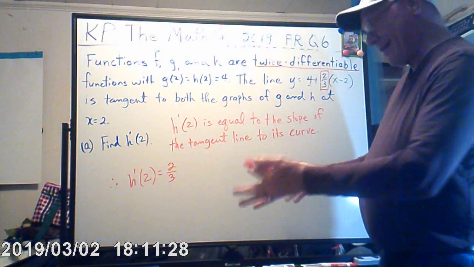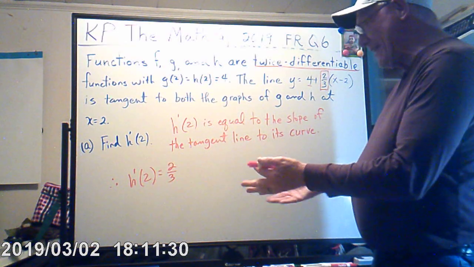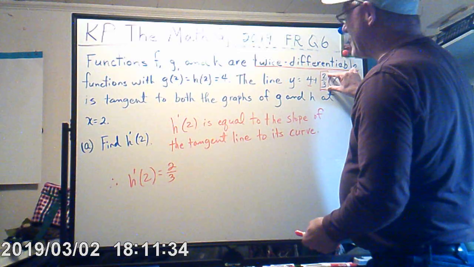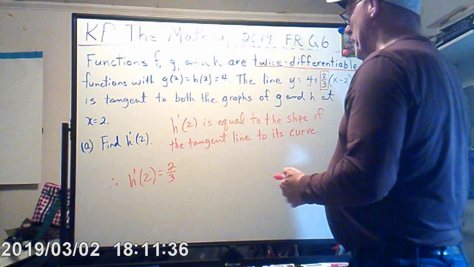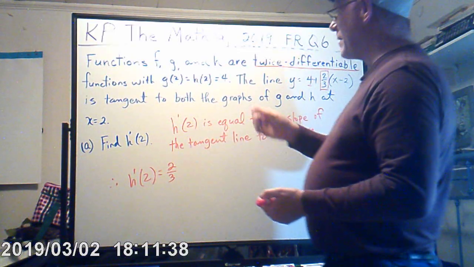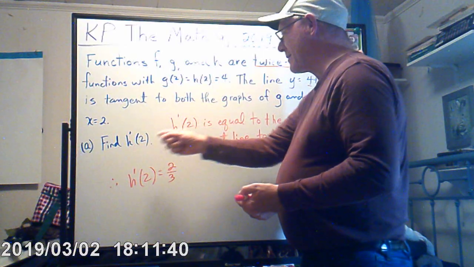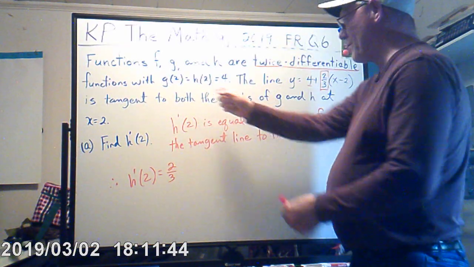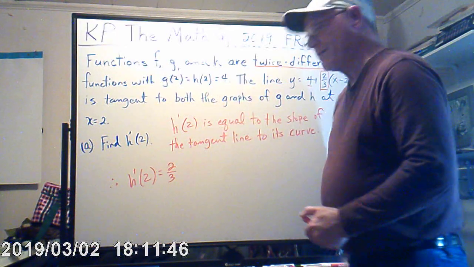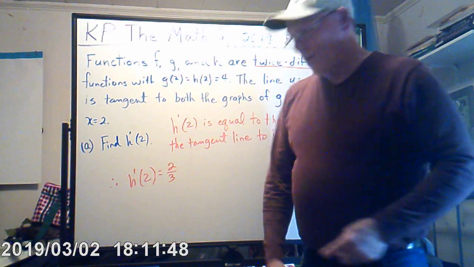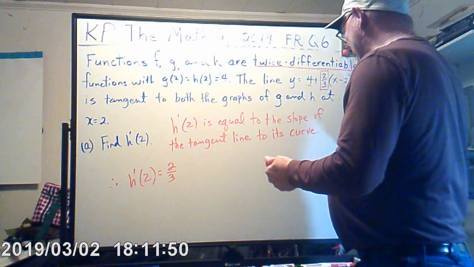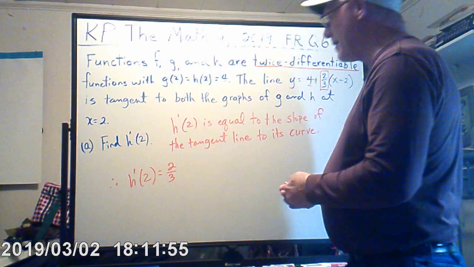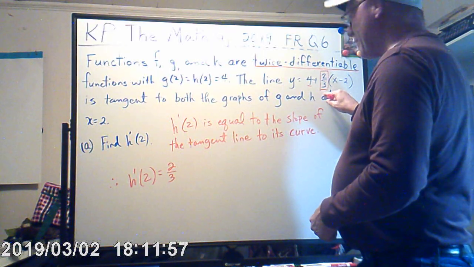It should be easy to answer when you look at the slope. We're not worried about h at 2, we're looking at h prime at 2. What's the slope at this point? This point is actually (2, 4), isn't it? So at (2, 4), what is the slope? It's 2/3. Right here is the giveaway.